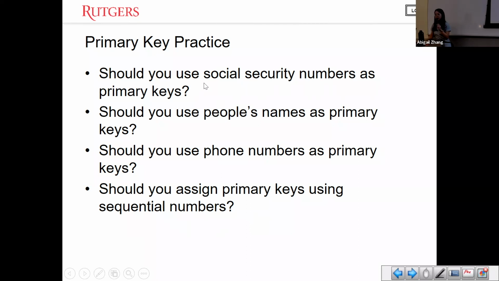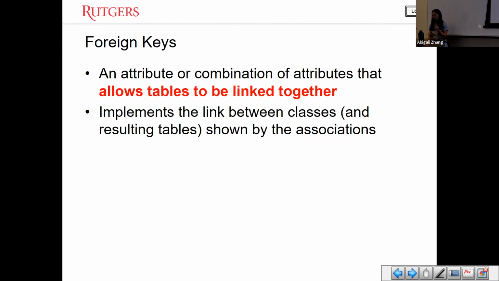And of course, SSN is protected information, right? And also no name and no phone, they use their own system. That's why we have our school ID, RUID. Whenever we go to any place in school, they ask, what is your net ID? What is your RUID? So that's how they can uniquely identify each individual in the organization.